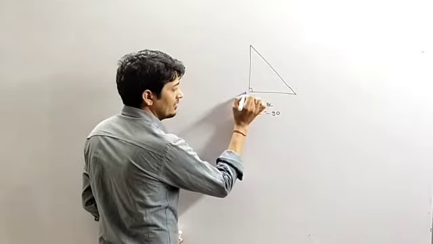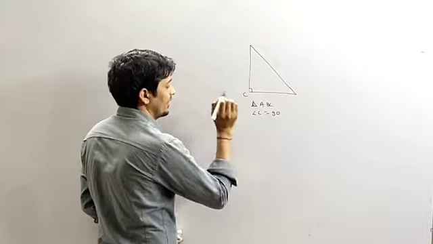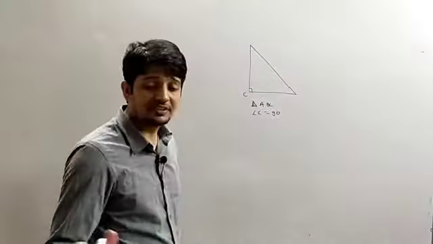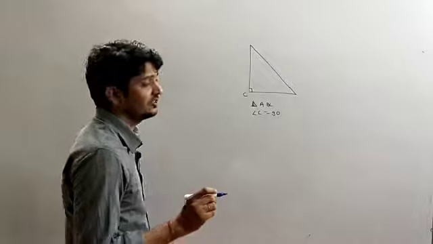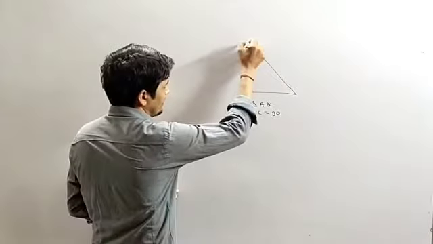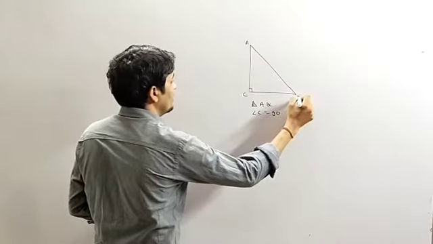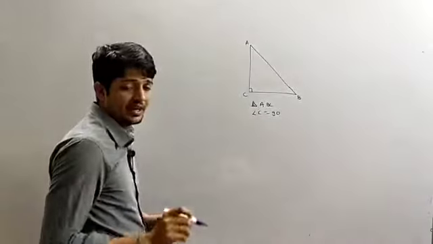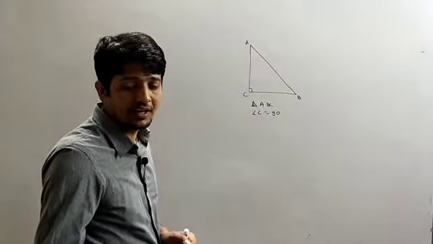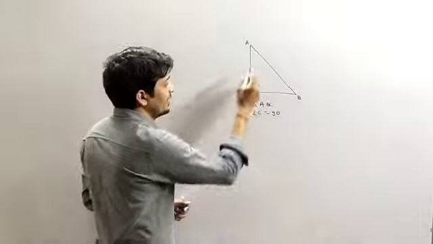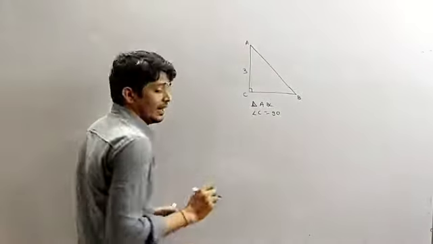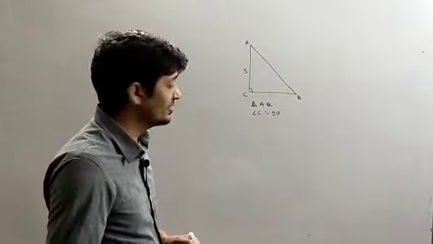That means this angle is C, and angle C is of 90 degrees. Suppose it is A, it is B and it is C. It is given that AC is 3 and BC is 4.